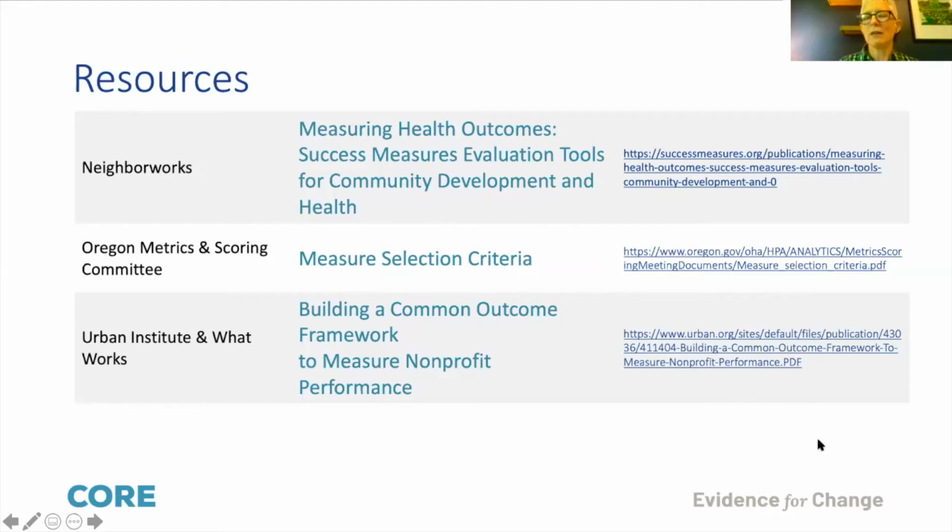But in any case, that resource has some different examples of potential outcomes that might be relevant in different sectors, like for nutrition, and for child and family services, and in other settings. So it could be a good resource to glance at for more topic-specific ideas of measures.